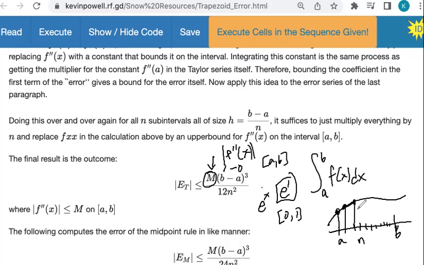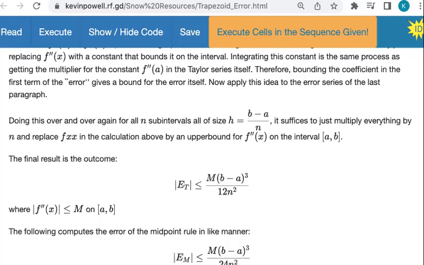Take these two endpoints, you draw a line here, and you're doing all these trapezoids as we go along. So what's the error? How far off is that? And this gives us an inequality for that. And n is the number of subintervals that we're using. So that's what we're looking for in that calculation.